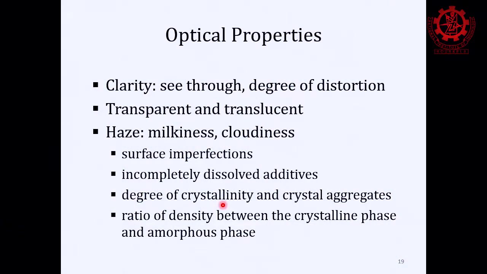So all this package property, whether it's during polymerization of those polymers or during processing, which means you're converting these polymers into film or trays or bottles, you could have some imperfection, and that can change the optical property. And it is important because you want to clearly see what is inside.